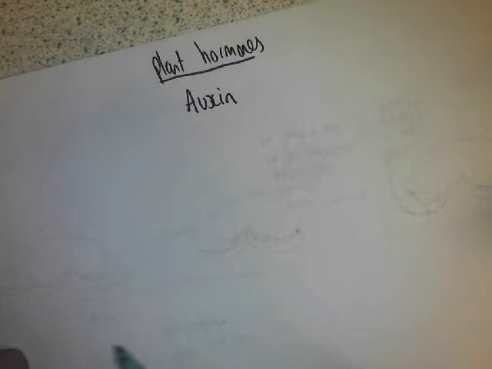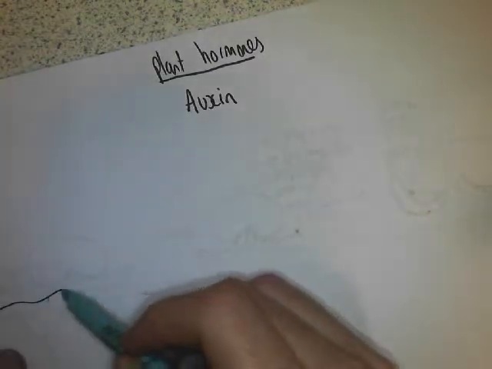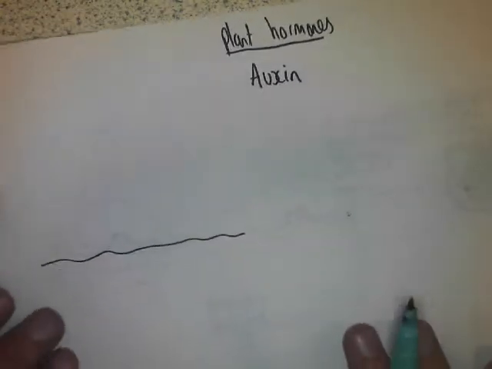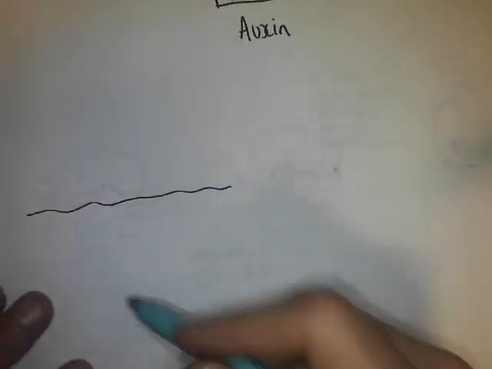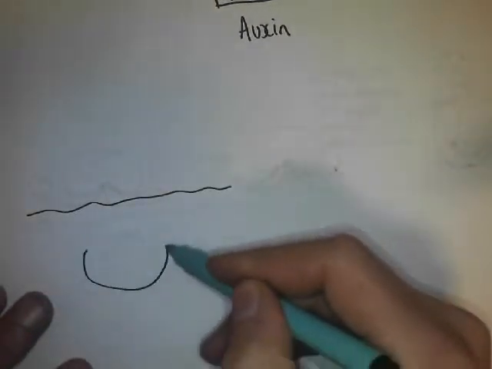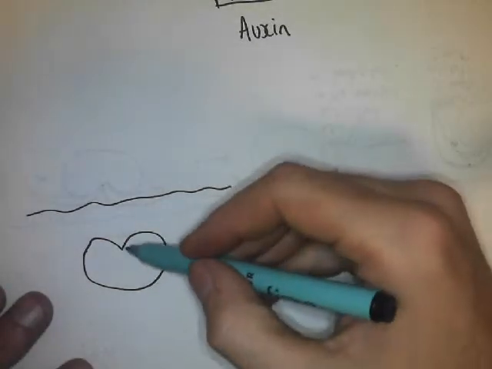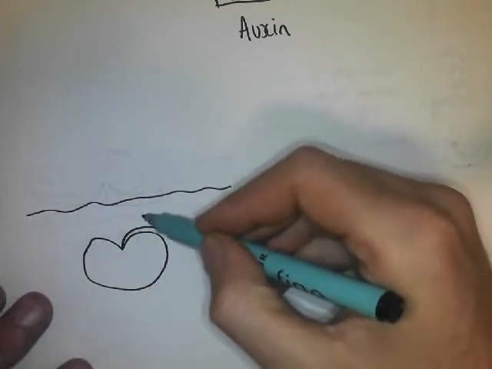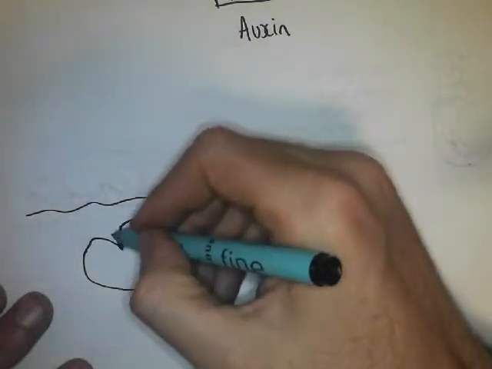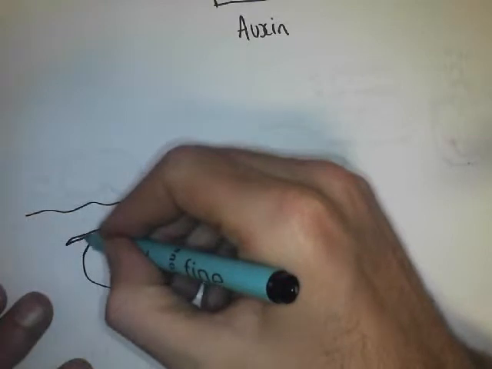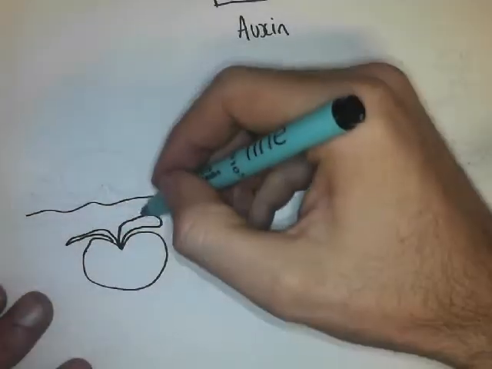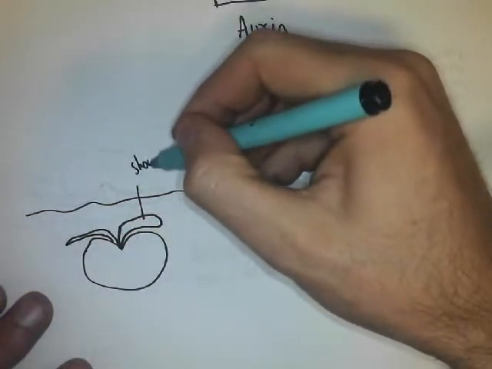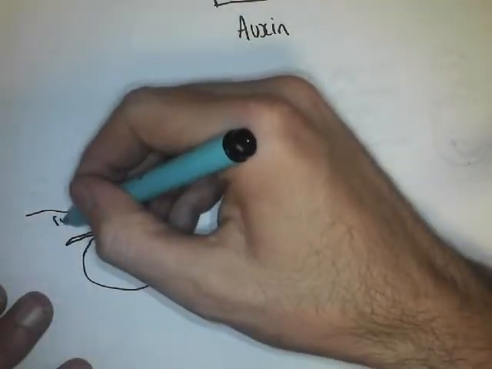Okay, let's begin. So we have the ground here beneath the soil, and we have our seed, and from the seed we're going to grow a plant. Now, the basic parts of the plant at this germinating stage are its shoot and its root. So we can label that up: shoot and root.